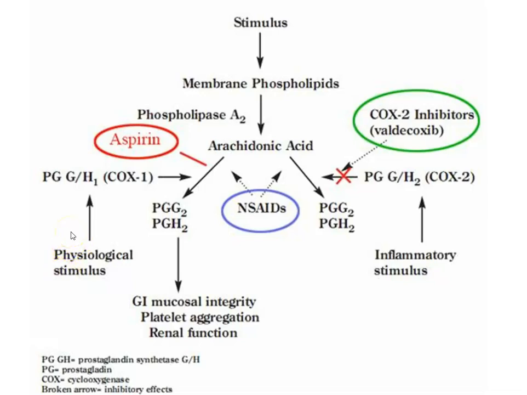A lot of medications are competitive inhibitors, and I want to show you aspirin as an example. So this is the pathway for prostaglandin synthesis.